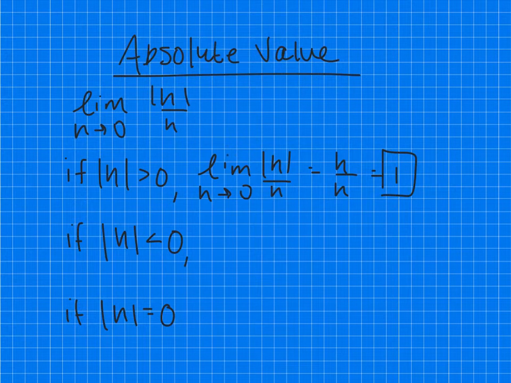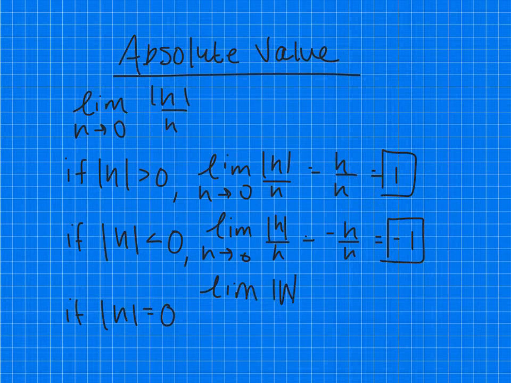And if h is less than 0, then you would do the limit of the absolute value of h over h as h approaches 0 equals negative h over h equals negative 1. And then if h equals 0, then it's the limit of the absolute value of h over h approaching 0 equals 0 over h equals 0.